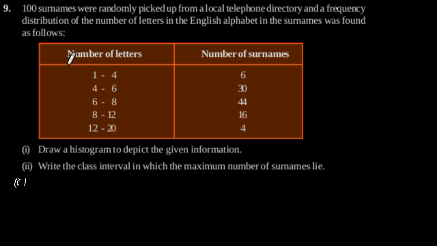Here, from this table, we can observe that this data has class intervals of varying length. For example, first is from 1 to 4 and second is from 4 to 6. So the width is different for these two.